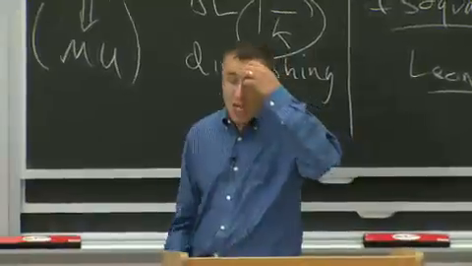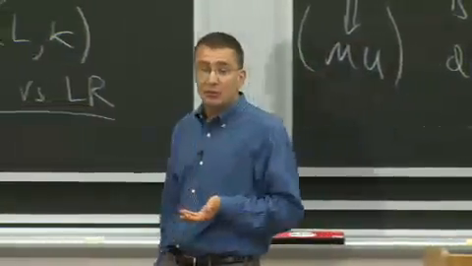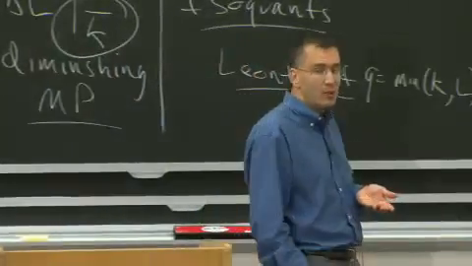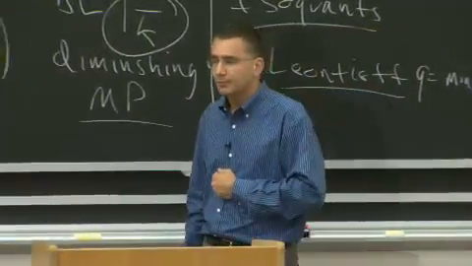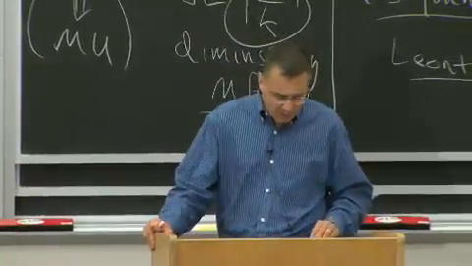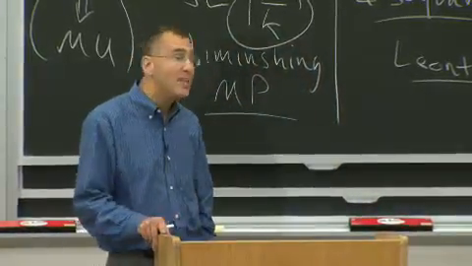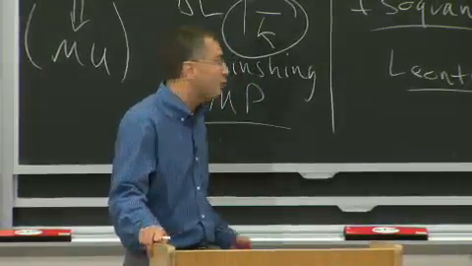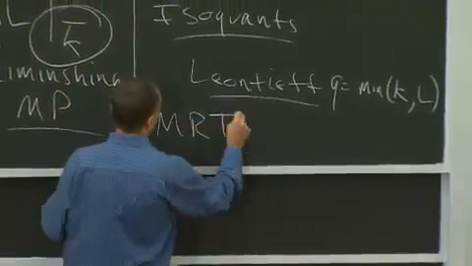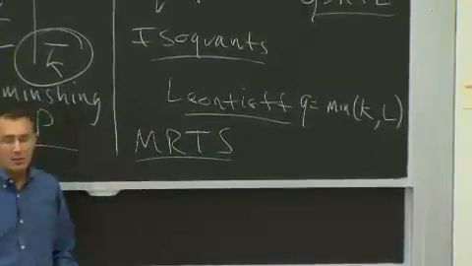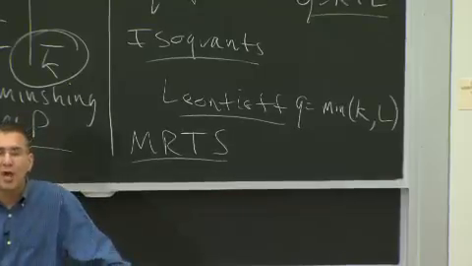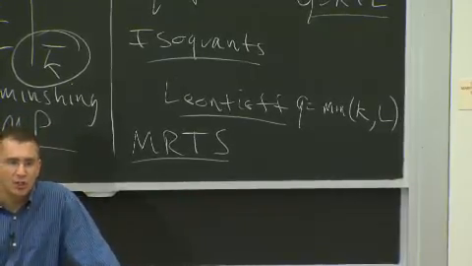Now, in general, we'll be in between these cases. There'll be some substitutability. Goods won't be perfectly substitutable, but they'll be somewhat substitutable. And more generally, just as the slope of the indifference curve is the marginal rate of substitution, the slope of the isoquant we will call the marginal rate of technical substitution, the rate at which you can substitute one input for another in a production function.